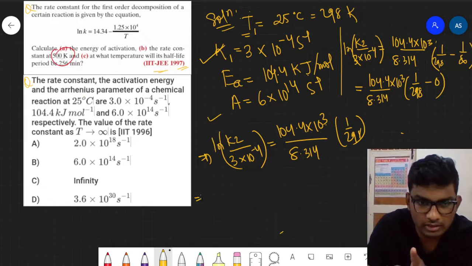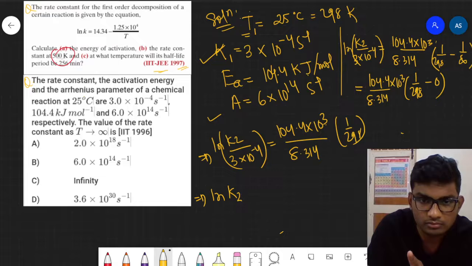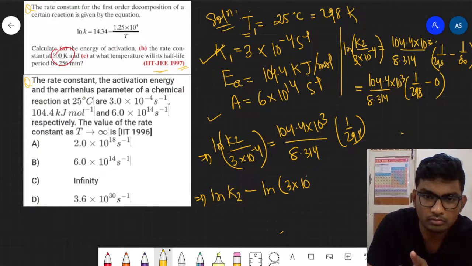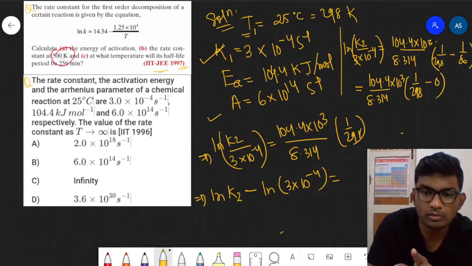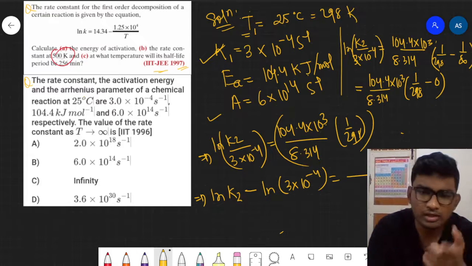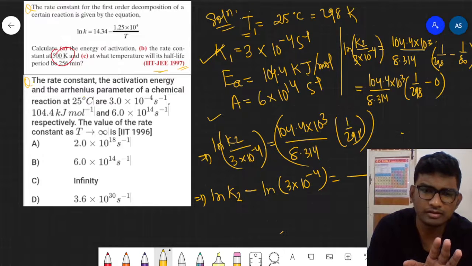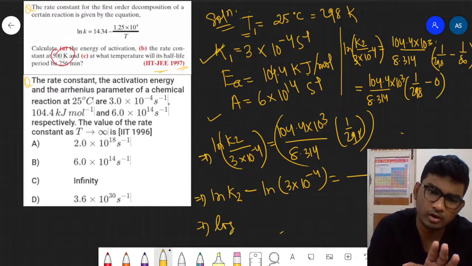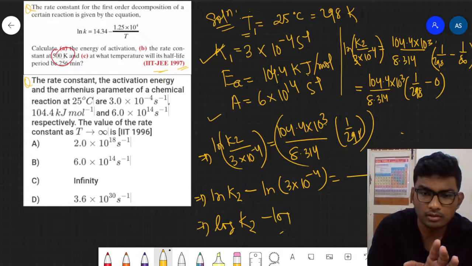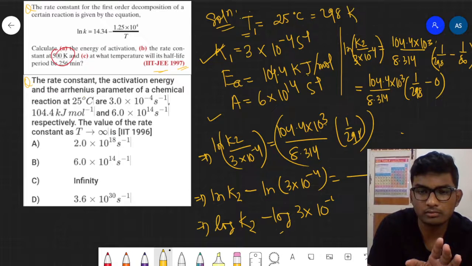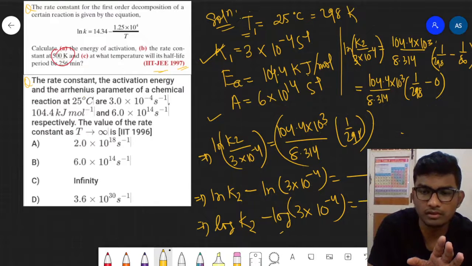I am just making one extra step for you. You can also simplify it using log, you know how to take log. Everything is divided by 2.303.